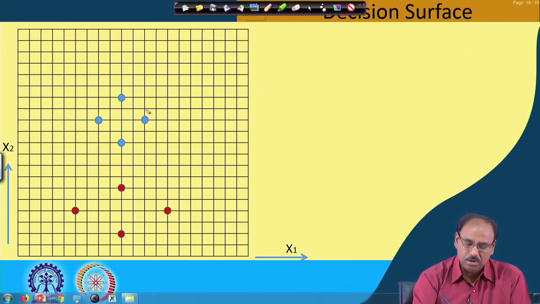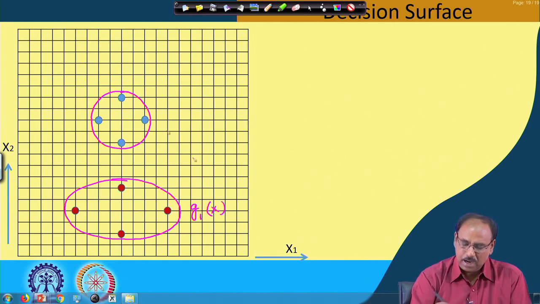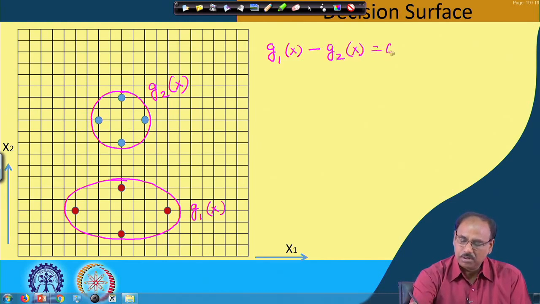As we said, for this set of points the discriminant function will be linear, and for this set of points the discriminant function will be a quadratic one. If I call them g 1 x and g 2 x, the equation of the boundary will be given by g 1 x minus g 2 x equal to 0.